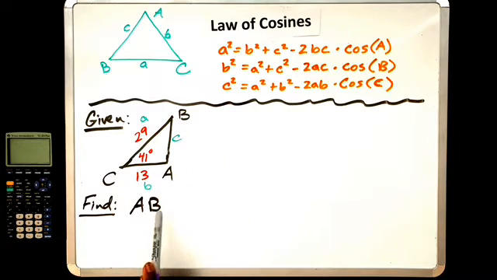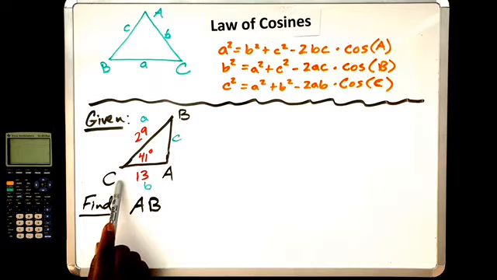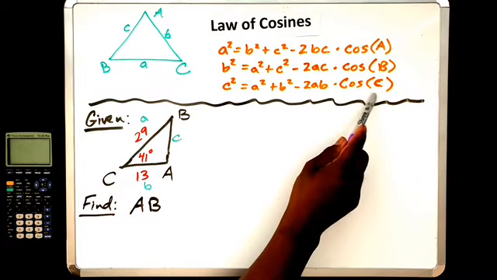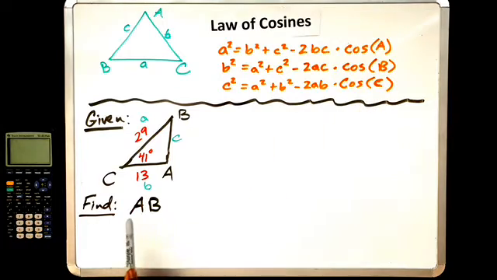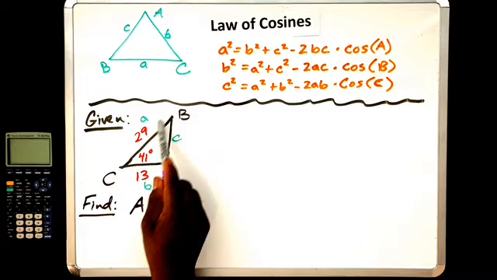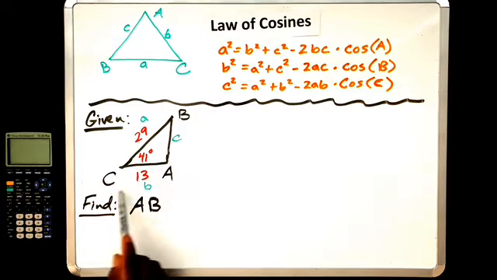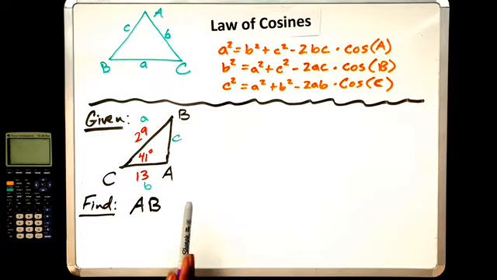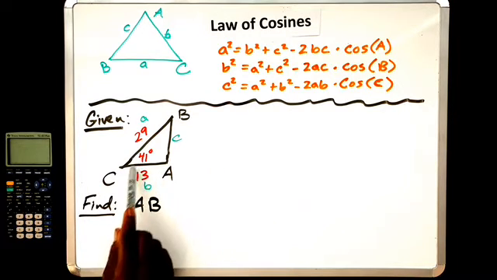Notice we're given angle C, right? And we are given side length A and side length B. So which of the three has side length A and B and the measure of angle C?